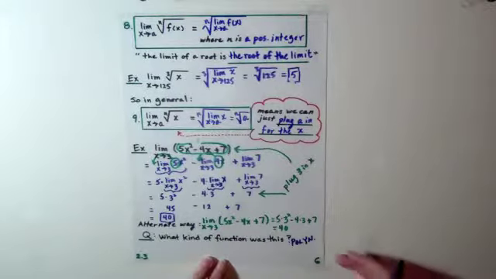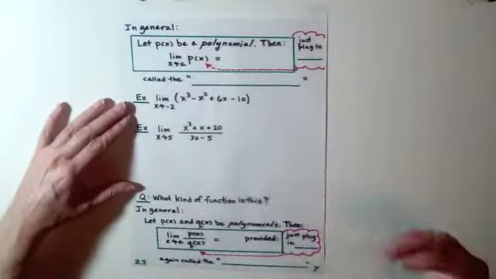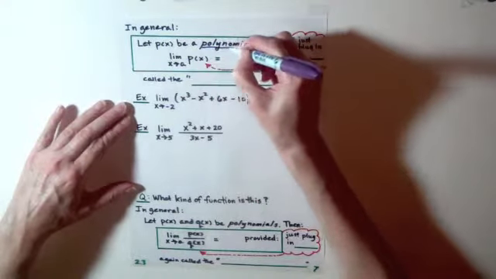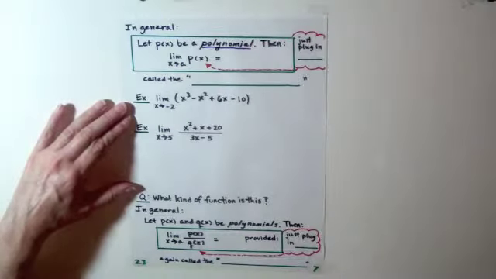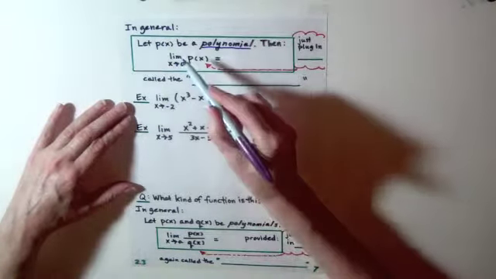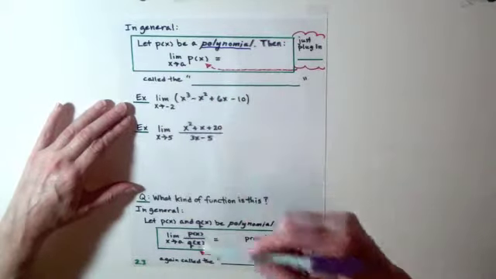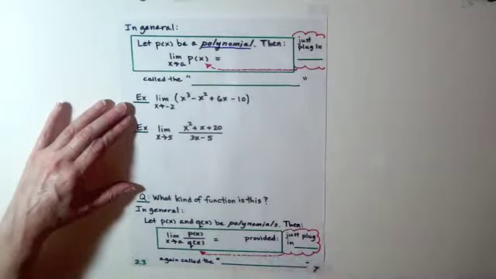Let's go ahead and look at the next page, and we'll try to summarize what we've just discovered in a little bit more general setting. So in general, let's suppose that p of x is any polynomial, but I want to emphasize that we are just talking about polynomials. If we want the limit as x approaches some particular number a of p of x, we could do it step by step by breaking it up into sums and differences of terms, by pulling out the constant multiple outside of the limit sign, just as we did in the previous example.